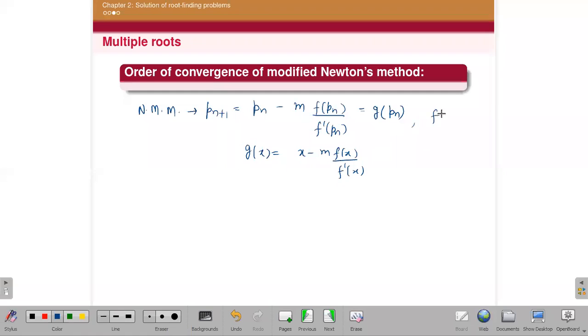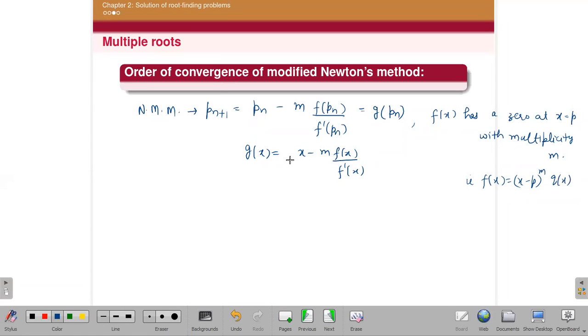So this can be written as g of Pn, where g of x is x minus m times f of x divided by its derivative. And here f of x is a function that has a zero at p with multiplicity m, because I'm taking it general here. So f of x can be written as x minus p raised to power m and q of x.